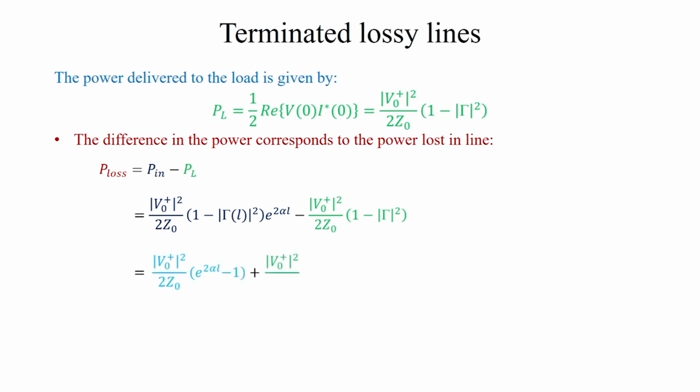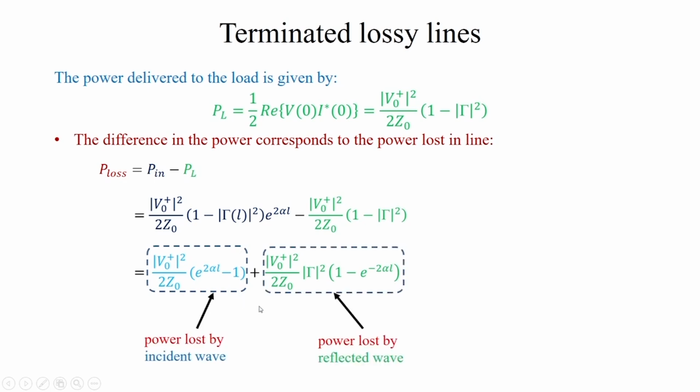And after rearranging these terms, we can write the P loss in two components. The first component gives the power lost by the incident wave, and the second component is the power lost by the reflected wave.